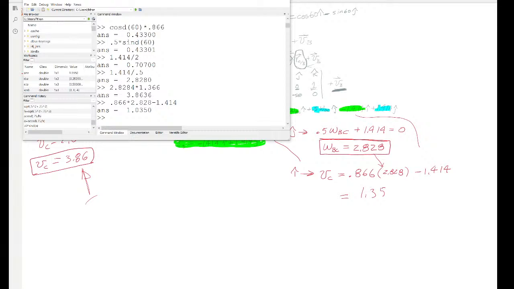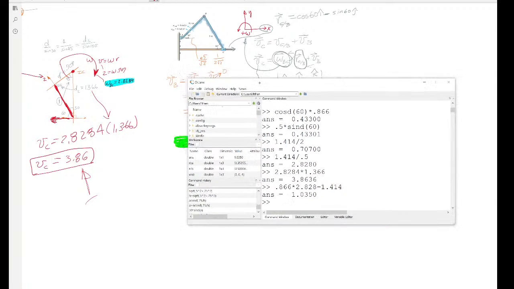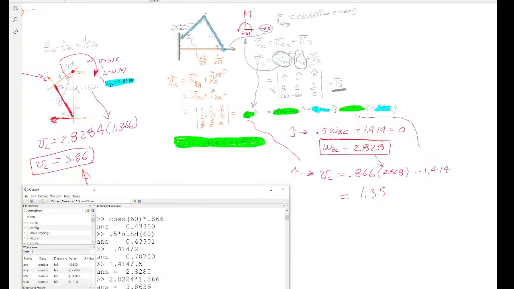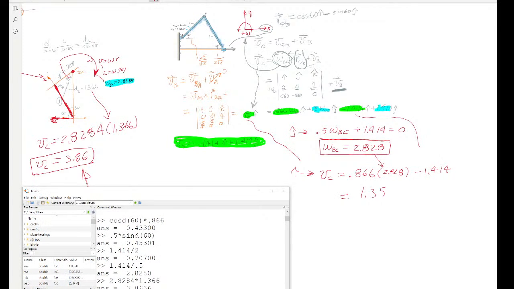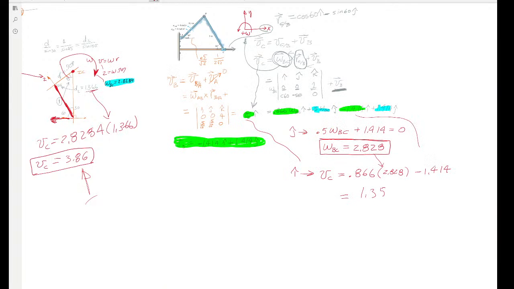And let me look back at my instant center. Yeah, I am going to tend to believe the instant center at this point over the other term. Let me look at my drawing. 1.366, I got that. I checked that out. I'm looking at omega BC 2.82. I got the same thing here. The arm. So there's got to be something going on over here.